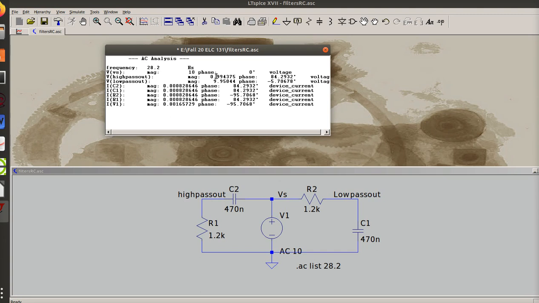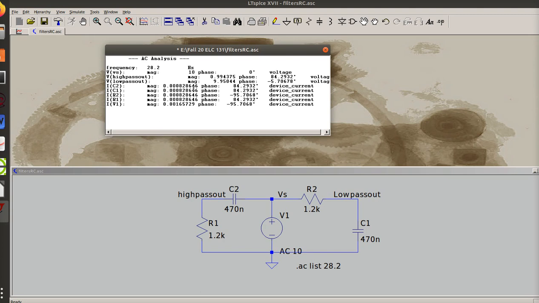So one of them has dropped to 99.4 millivolts, the other one is 9.95 volts. I'm starting with 10, so I'm getting almost 10 out. This one I'm starting at 10, I'm getting around 1 out. Filters are not perfect. They're not like there's a wall. To get perfect filtering, you have to digitize everything, but we're just dealing with analog components at this point.